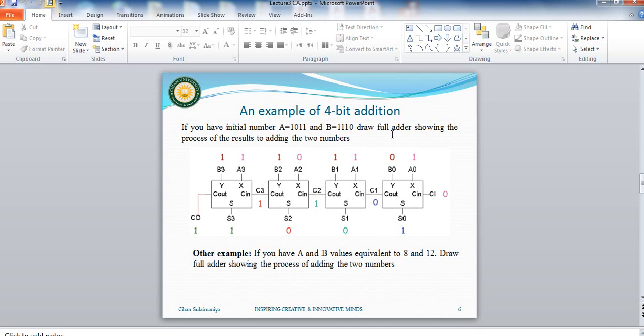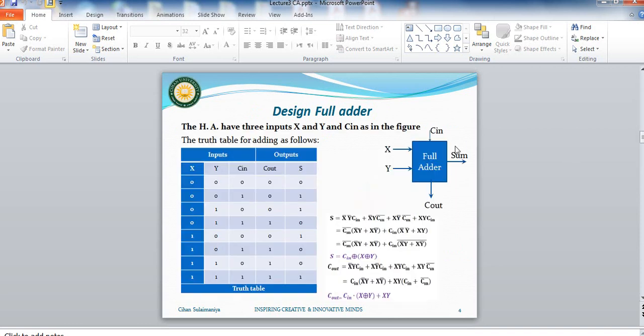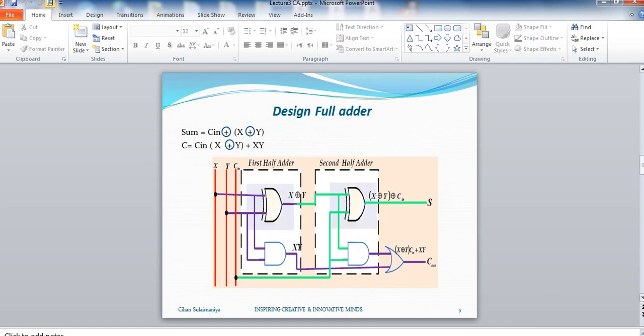Actually the third input is the carry in. As you remember, when we designed the full adder yesterday, we have 3 inputs and 2 outputs. The 3 inputs are X, Y and C in, which is carry in, and the outputs are summation and C out, which is the carry out. And that's the full adder.